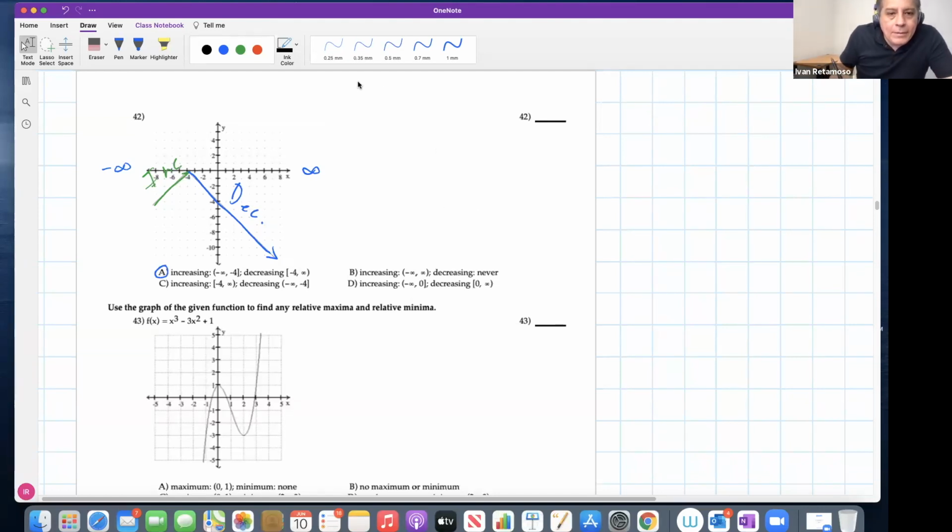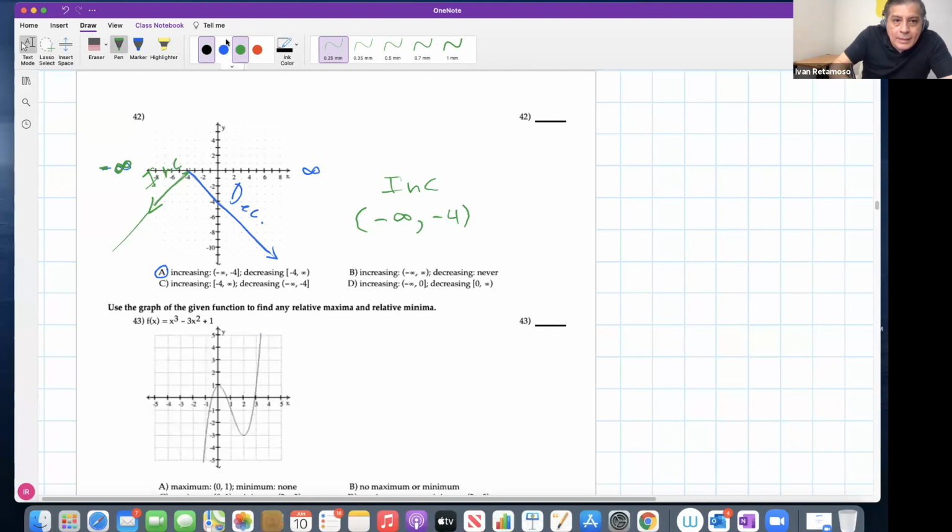What usually happens here is that when you don't see these endings, mathematicians mean that this continues forever. This continues up to negative infinity, it continues decreasing. So this will continue the graph, and therefore you have to start at negative infinity. For increasing, where? From negative infinity up to this point, -4.